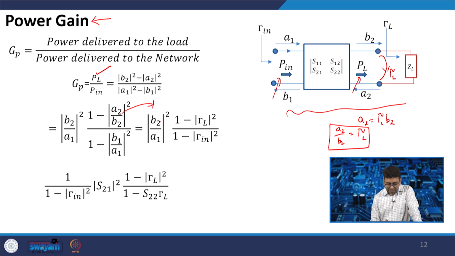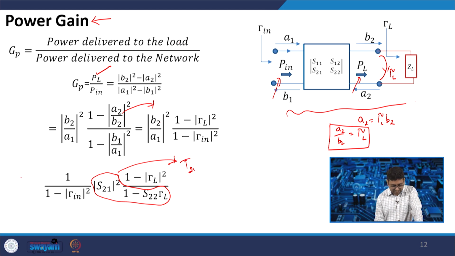We already have derived B2 by A1, that is S21 square by 1 minus S22 gamma L, which is the T21 that we derived in the last slide. So, this is the Gp power gain equation, which is the power delivered to the load and the power delivered to the network. We will see there is a specific application to consider this power gain.